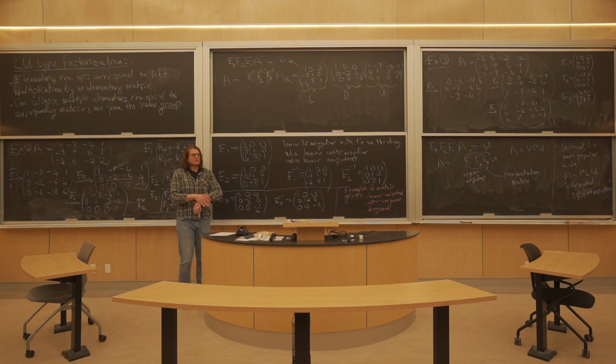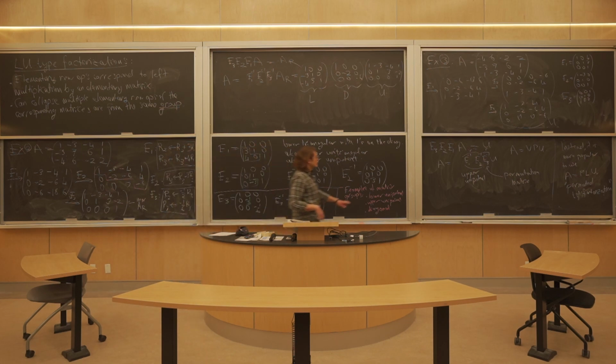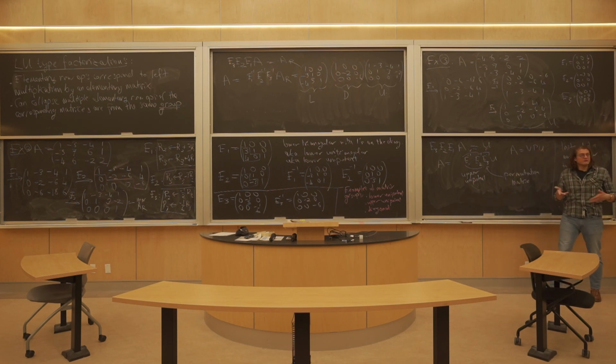Any questions about this? What's VPU? So V is the upper triangular matrix with ones on the diagonal. That is the product of these two. I didn't write it down, but it is that. And P is this inverse matrix. In this case, the inverse of E3 is, of course, itself, right? Because if you're interchanging 1 and 3, the inverse of it is interchanging 1 and 3.